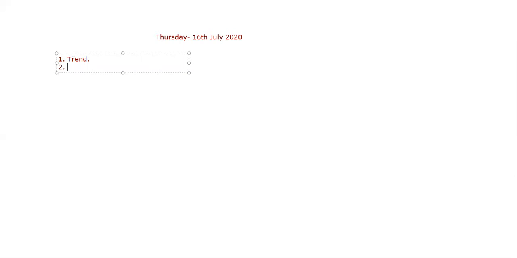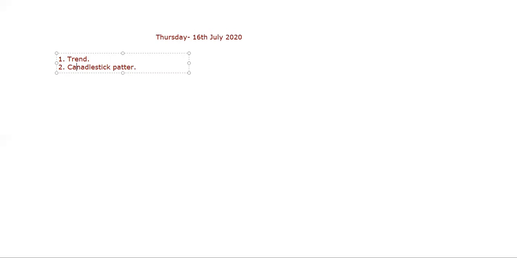The first is trend. The second is the candlestick pattern itself. Then you need to see the pattern. If you say a doji candle or a hammer candle, it's a single candle, but we call it a pattern. Generally, when you hear the word pattern, you think there will be multiple candles.